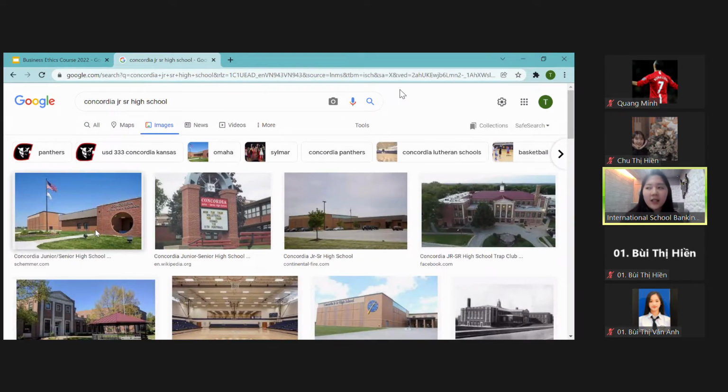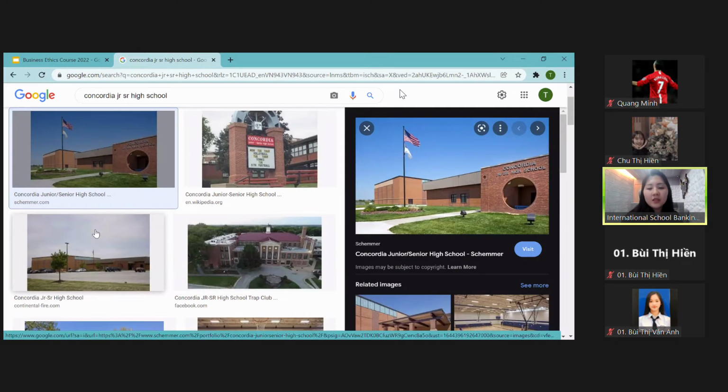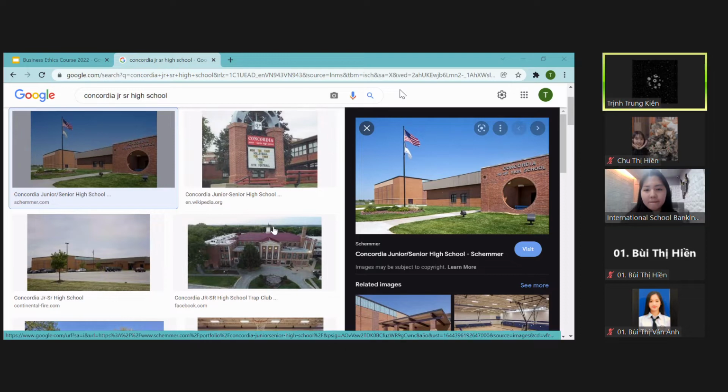It has only 200 students from 6th grade to 12th grade. So in each grade there are only 20 students. So it's a very small school. And this is a religious school. Do you know what a religious school is? What does it mean?